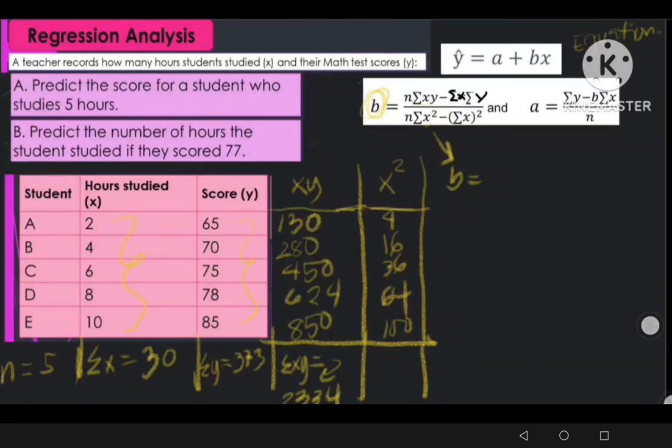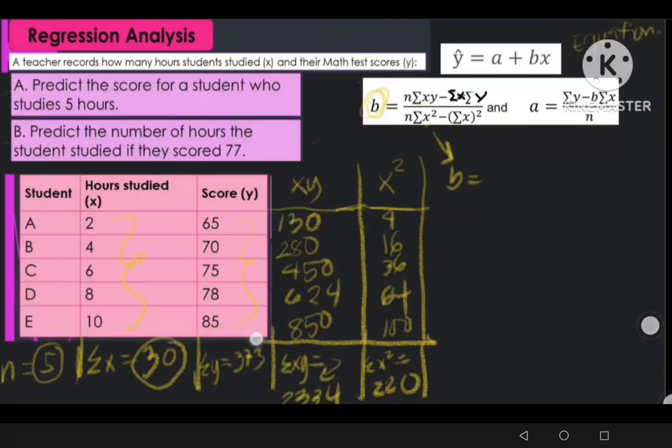Okay, and then x squared, if we're going to add this together, 4 plus 16 plus 36 plus 64 plus 100, we have summation of x squared is equal to 220. So these are our results: value of n, summation of x, summation of y, summation of x times y, then summation of x squared. So we're going to input that in our formula given here.